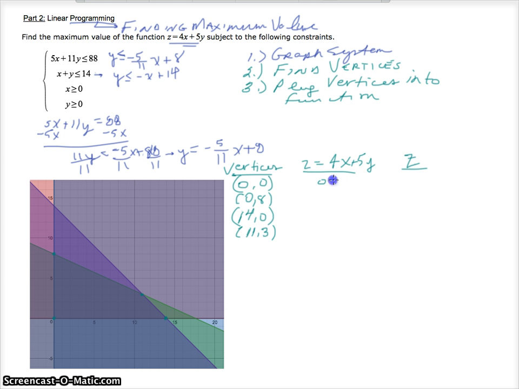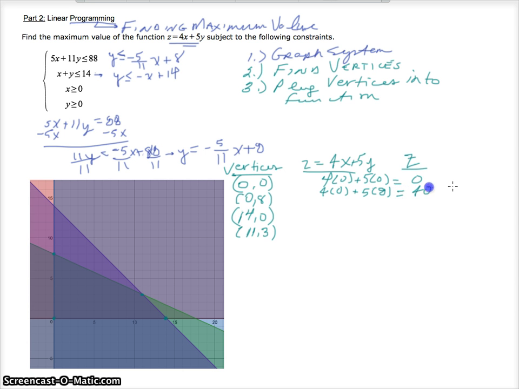4 times 0 plus 5 times 0. This equals 0. Let's plug 0, 8 in. 4 times 0 plus 5 times 8. 4 times 0 is 0. 5 times 8 is 40.